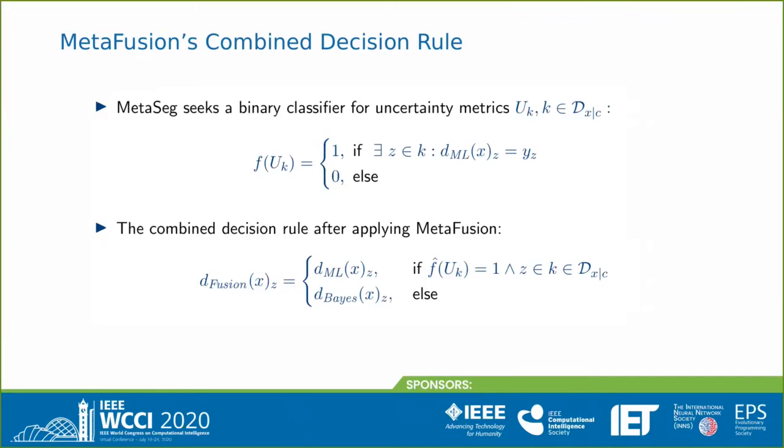Therefore, we need to compute these features for each segment in the set dx given C, with C being the human class. We denote these features with a capital U for each segment K. And now we seek a classifier F that distinguishes between a true positive and a false positive prediction.